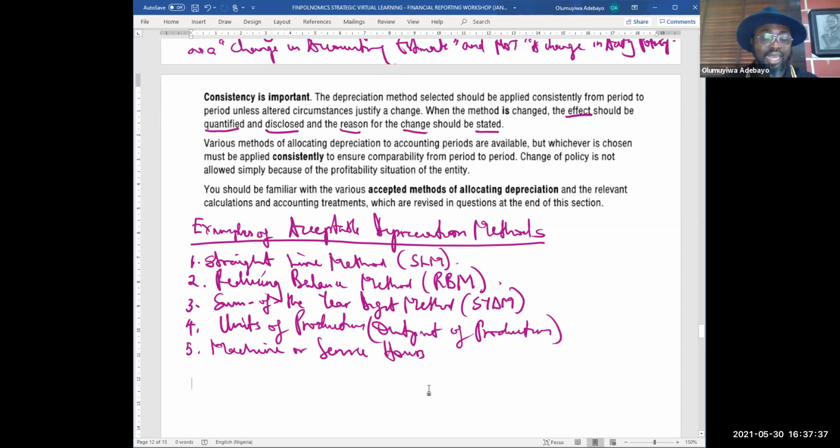Okay, now who can give us clue about differences in each of the methods and which method is more appropriate? Over to you.